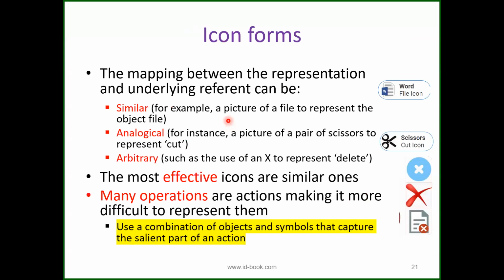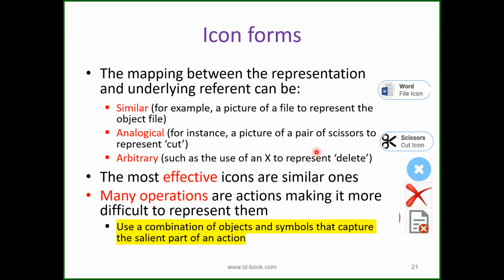For example, a Word file icon to represent a Word file. Similarly, a printer icon to represent a printer, a camera icon to represent a camera. Now the second type is analogical. For example, a picture of a pair of scissors to represent cut.